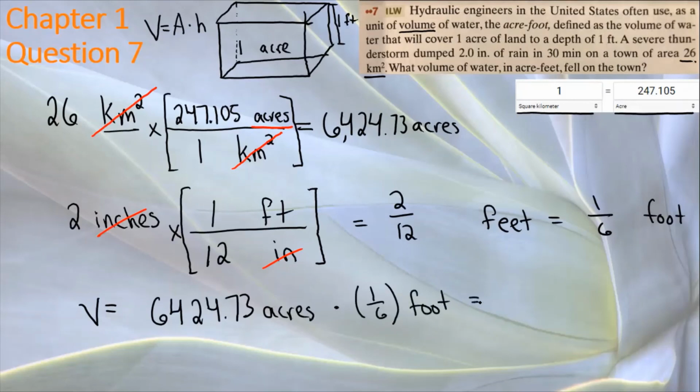We're going to multiply 6,424.73 by 1/6, and that is 1,070.79. And then we also need to multiply our two units together, and that's going to be the unit of the acre-foot.